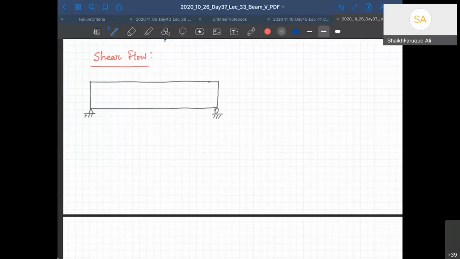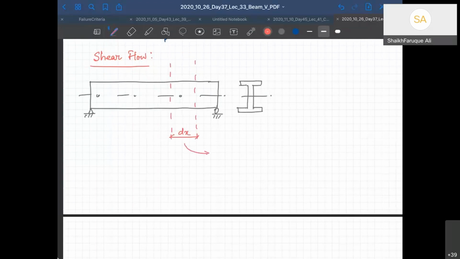The cross section here is an I cross. Okay, is an I section. Now let us take a portion of this from here. Let's say this is dx distance apart, and let us draw that I section in that dx distance difference.